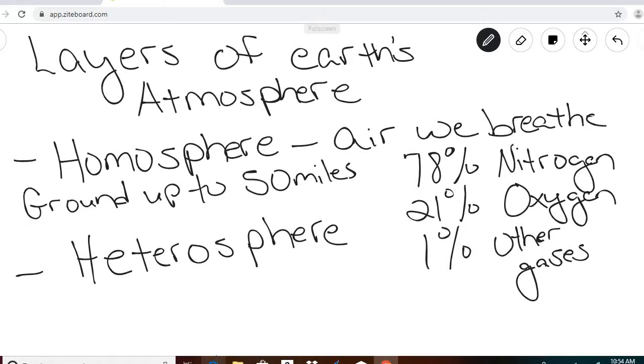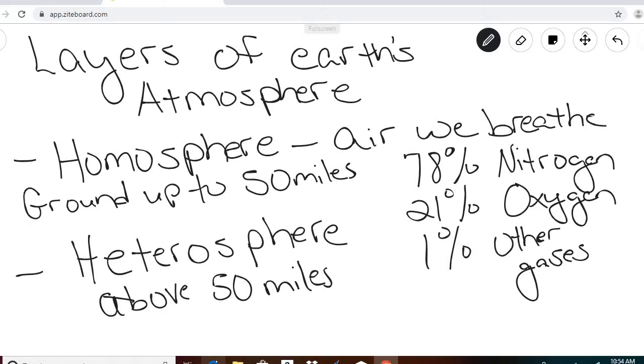And then the heterosphere exists above 50 miles. So it sits on top of the homosphere. Anything above 50 miles above the ground is the heterosphere.